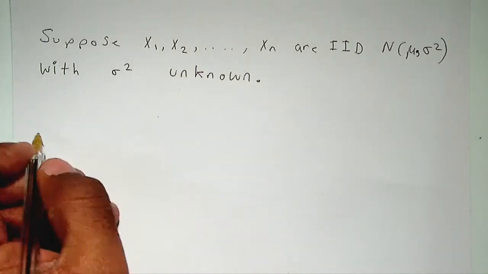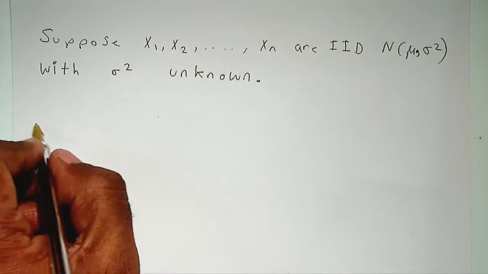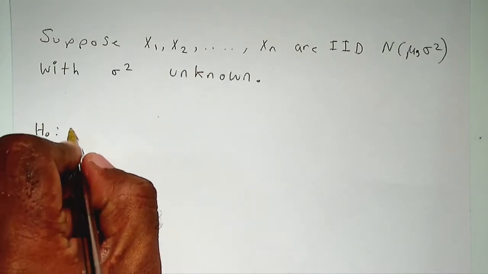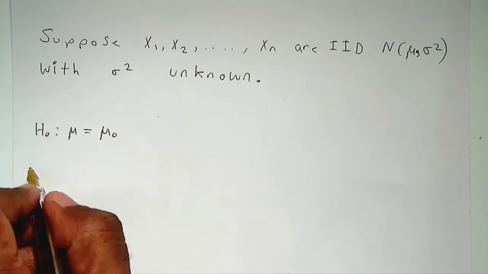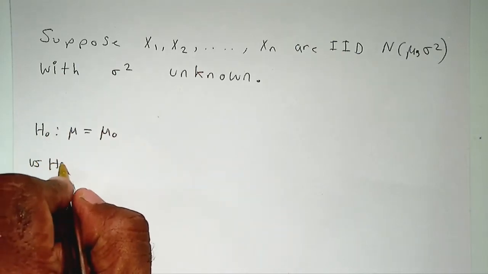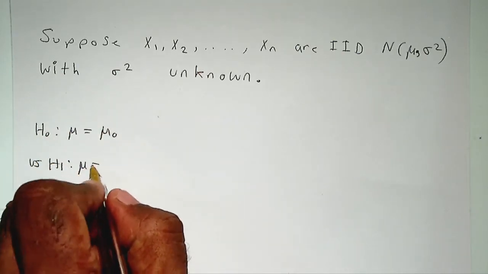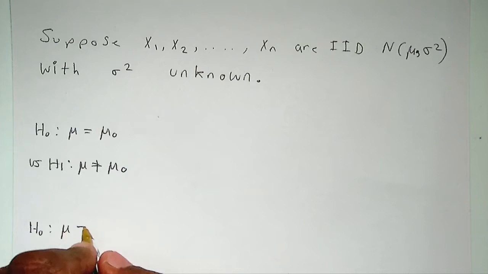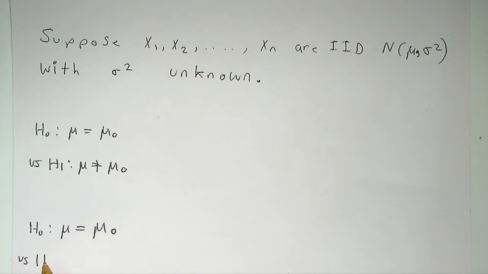So once again, there are three sets of hypotheses you can have. You can have the hypothesis where mu is equal to mu0 versus mu is not equal to mu0. You can have the hypothesis where mu is equal to mu0 versus mu greater than mu0.